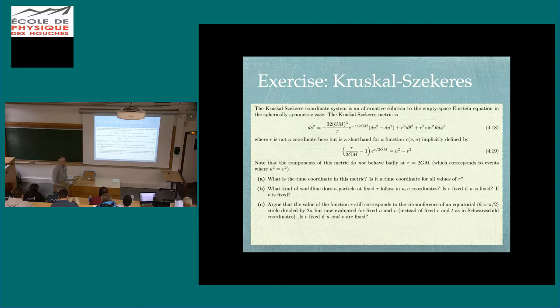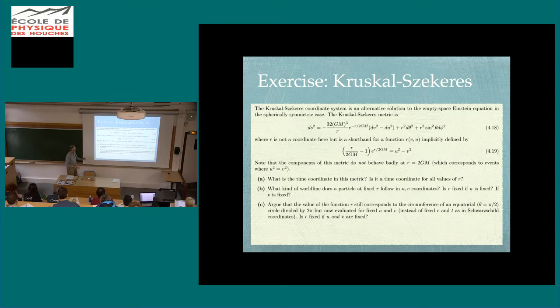And Eric described what kind of a world line does a particle at fixed r follow in UV coordinates. So I'm saying that this is fixed. What kind of a thing am I talking about there? Yeah, it's the equation of a hyperbola. And so on Eric's graphs that he was drawing, you saw the lines of constant r as hyperbolas.